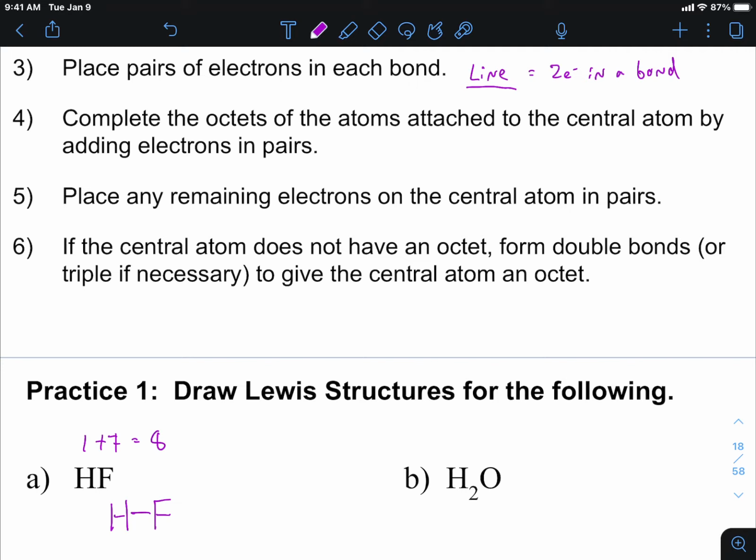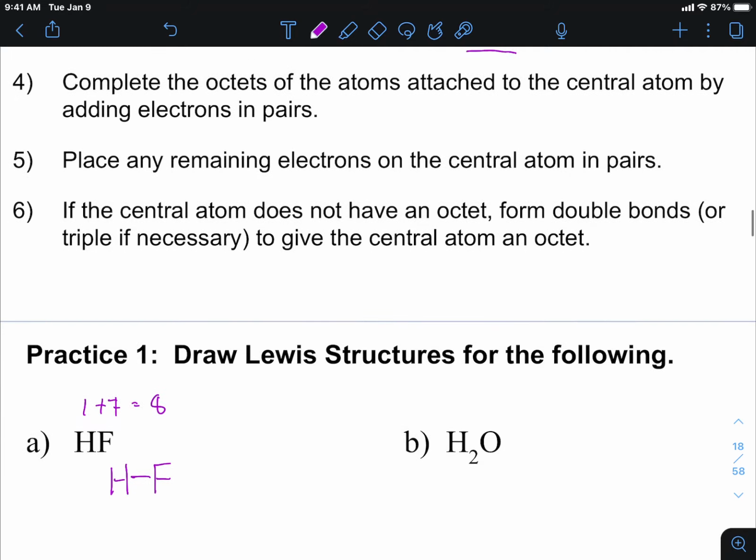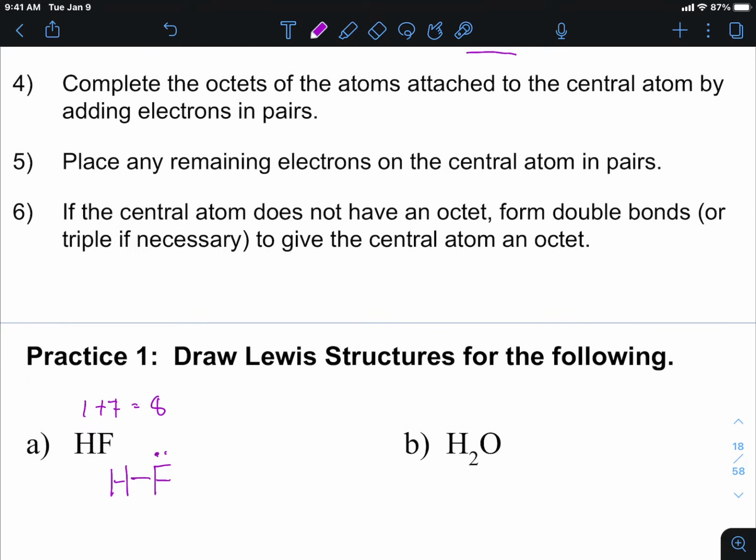Complete the octets of the atoms attached to the central atom by adding electrons in pairs. Okay, so put a pair here, put a pair here, put a pair here. Place any remaining electrons on the central atom. I don't have any more remaining electrons. I've used up all the valence electrons that I had. So when you're done, you need to check and make sure it has an octet.